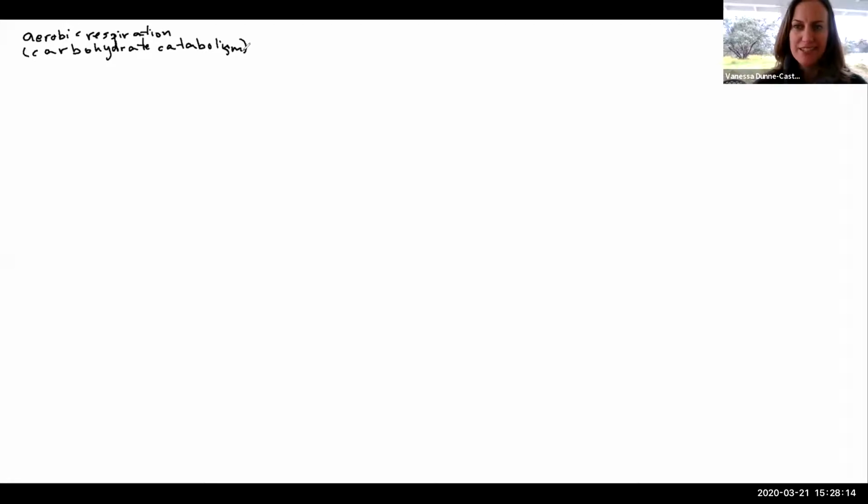Closer, so I'm close to the screen. So starting with glucose as our initial compound. The glucose is a 6-carbon, 12 hydrogen, 6 oxygen compound.